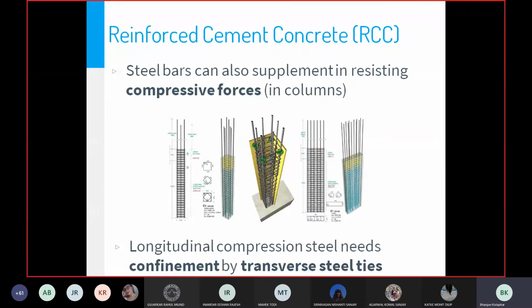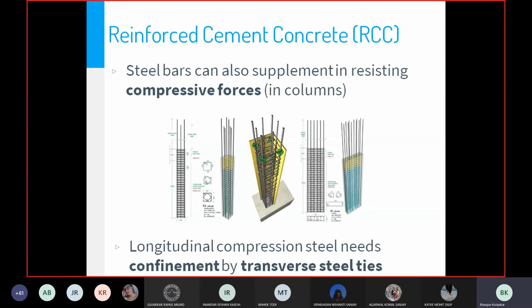Now, a natural question arises: wherever there is tension, that is fine. I can use steel in beams. I can use steel in slabs. But then, why do I use steel in columns? Because concrete already has a good compressive strength, and in normal gravity design, columns are predominantly subject to compression.